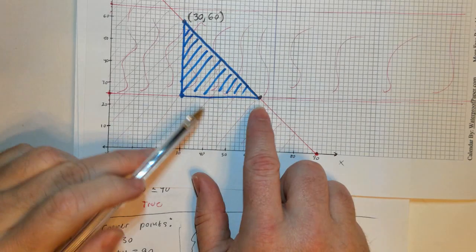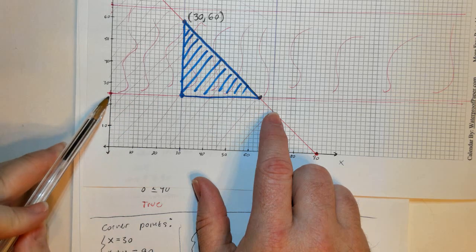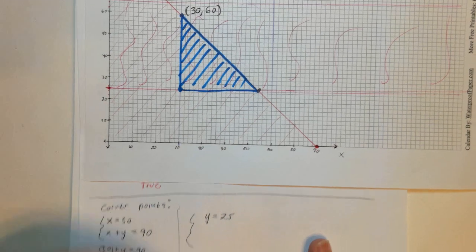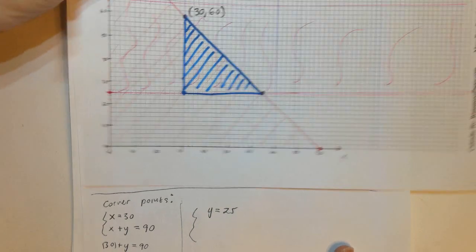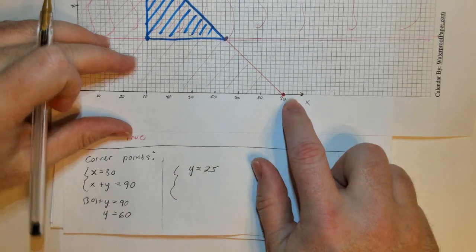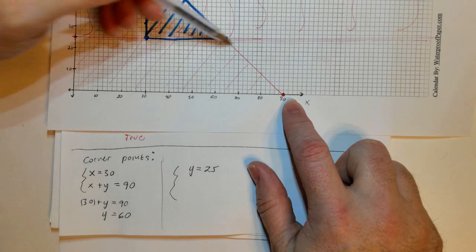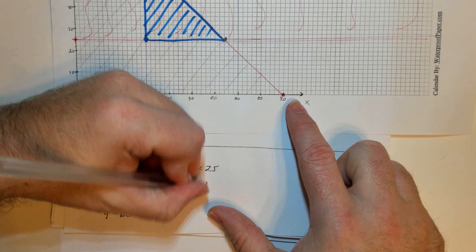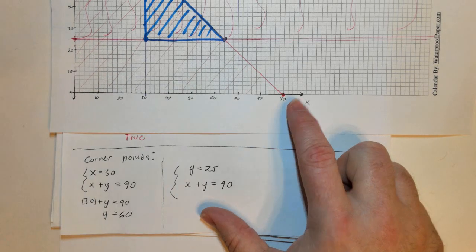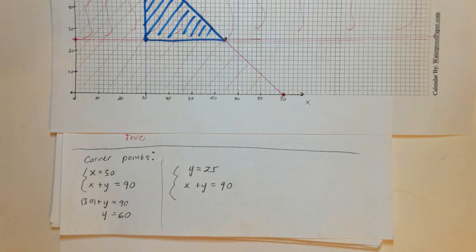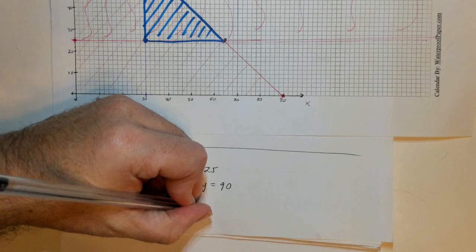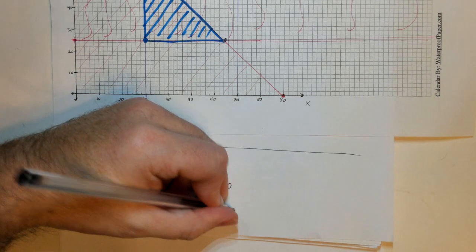The pink line was 25, so y equals 25. And the pink line intersected this red line, which was x plus y equals 90. Since y is equal to 25, we have x plus 25 equals 90.